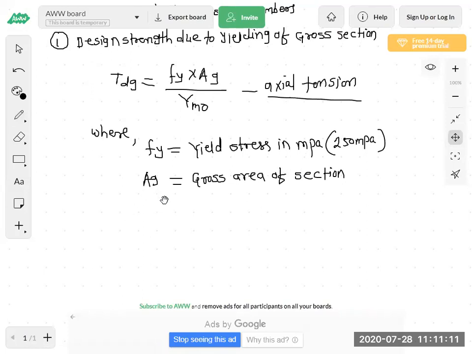So this is the gross area, Ag, and last is gamma m naught. Gamma m naught is the partial safety factor.